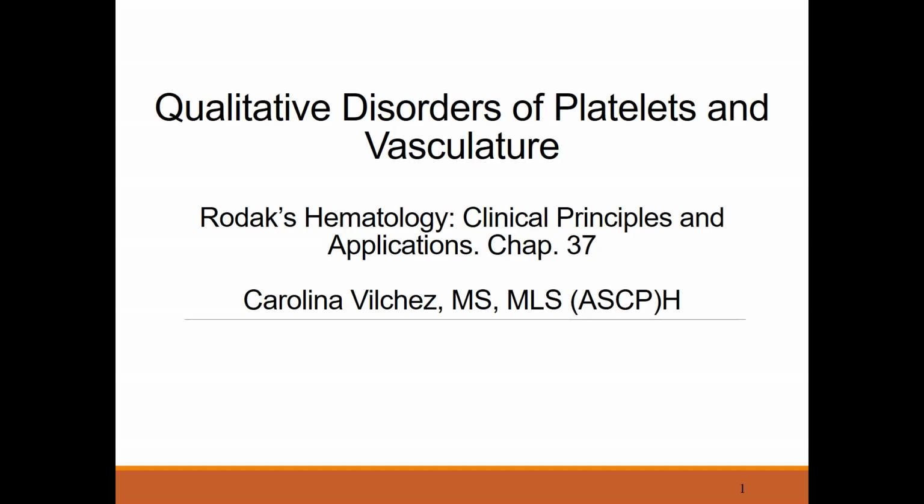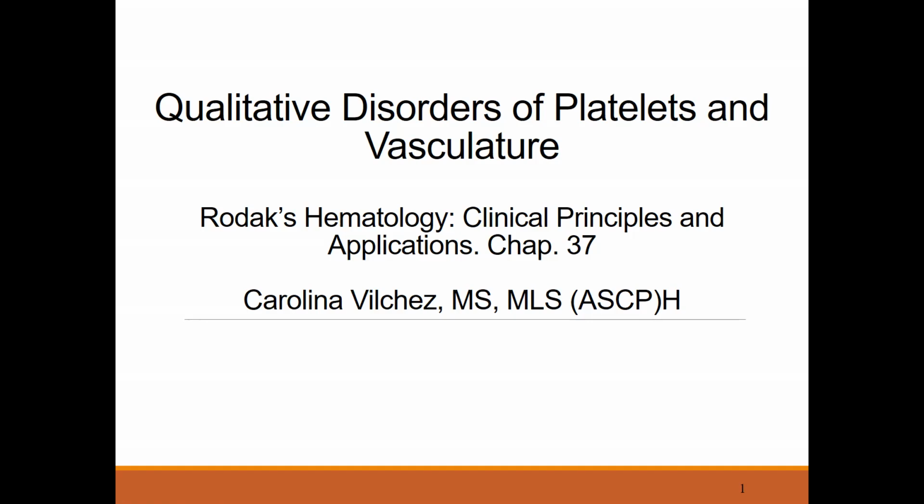So this chapter is going to describe platelet and vascular disorders. These are mostly platelet function disorders, and mostly what the patient is experiencing in these kinds of disorders is going to be excessive bruising and also mucocutaneous bleeding.